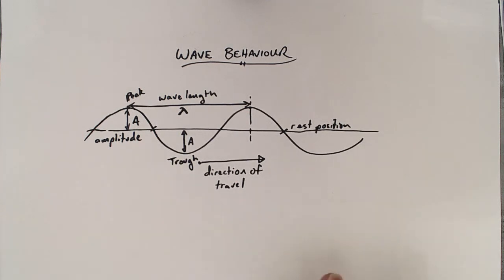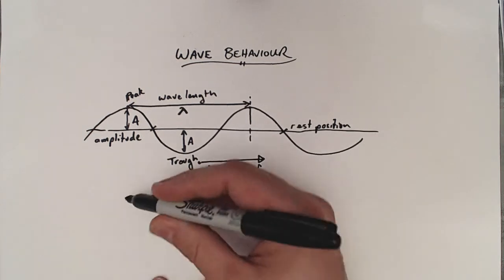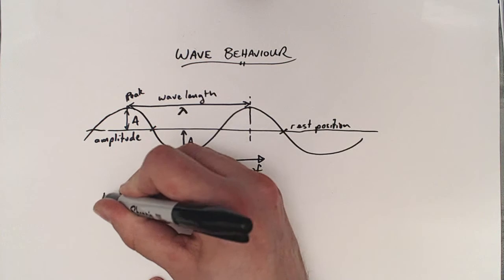There are a few different types of waves, and actually this is kind of an illustration of the first type, a transverse wave.